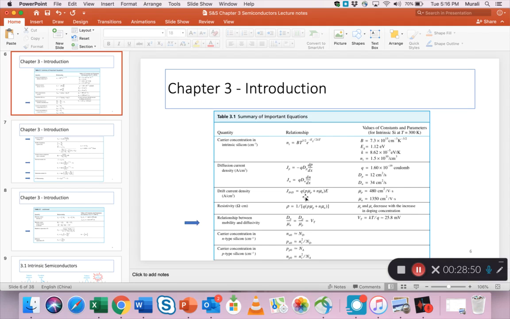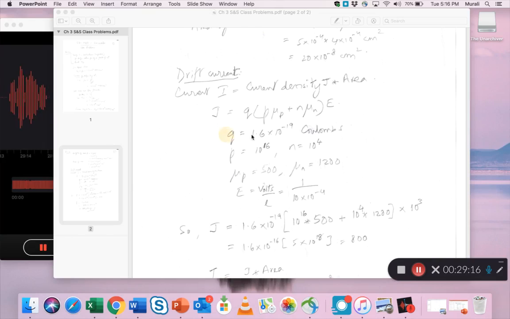All the formulas are here for the drift current, for the diffusion current, and these important constants are also here. So mu P, for example, was given to us as 500, it's actually 480. Mu N was given as 1200, it's actually 1350. So even if he had not given it to us, we would have still been able to solve the problem. I just wanted to point that out. But it's been given, so let's use it.